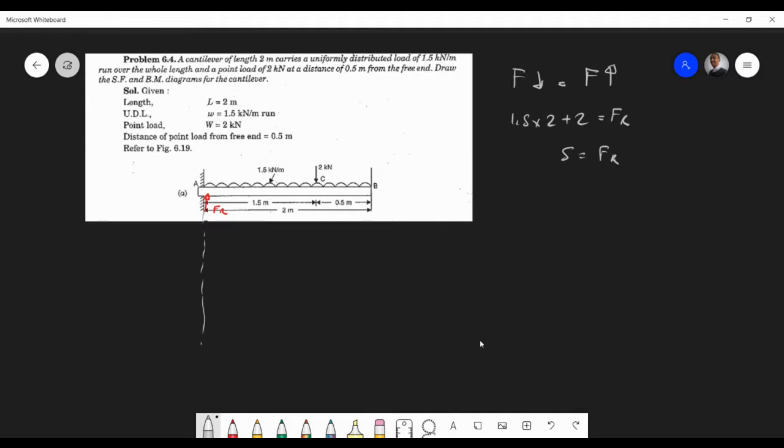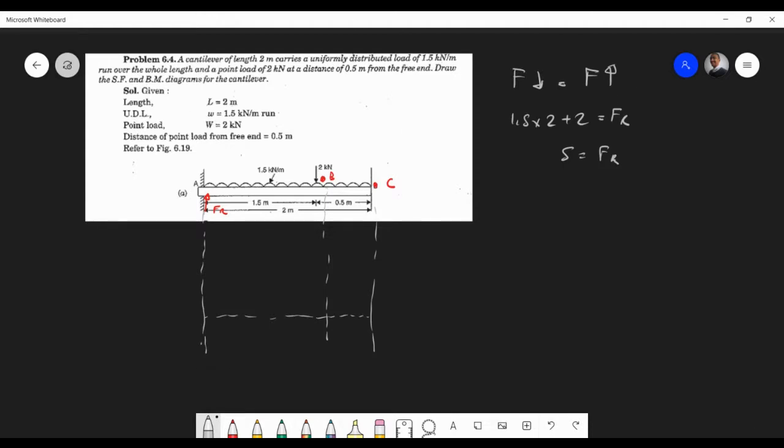Next, they have A, C, and B, which is quite weird. We can just switch it up and call it A, B, and C. Then get our shear forces at each point.